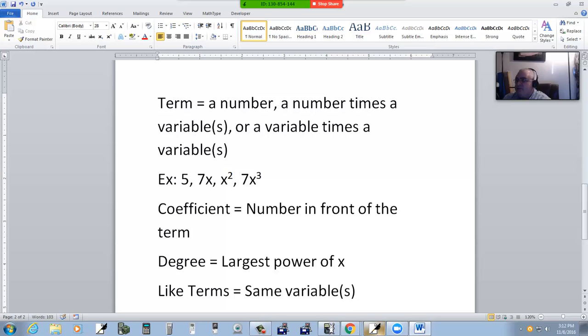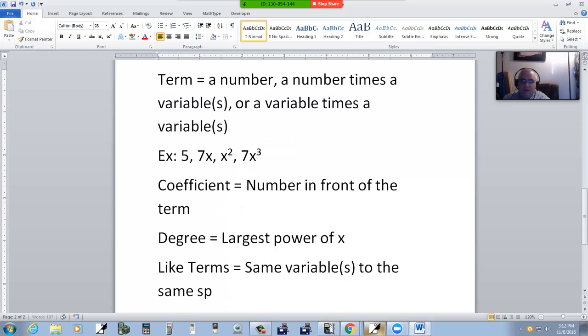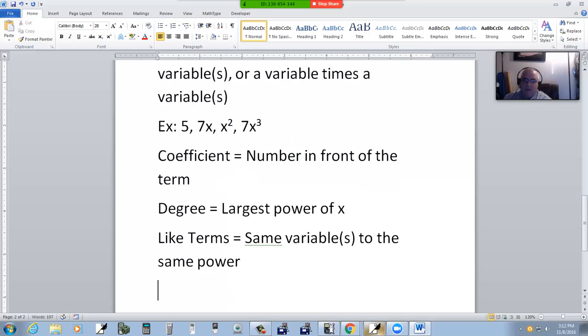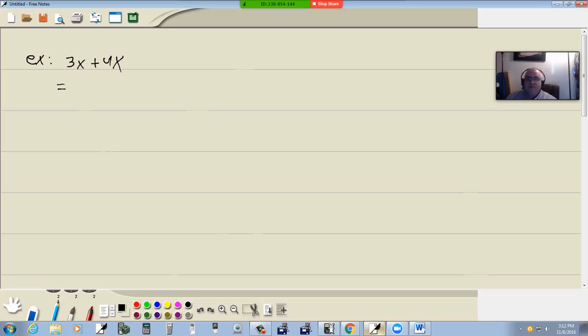Now put an S on there because you can have more than one, to the same power. So this one would be considered a like term. They both have x to the first power. Now to combine like terms, you add or subtract the numbers in front of them. 3 plus 4 gives us 7, and then we just have a single x. So our answer is 7x.